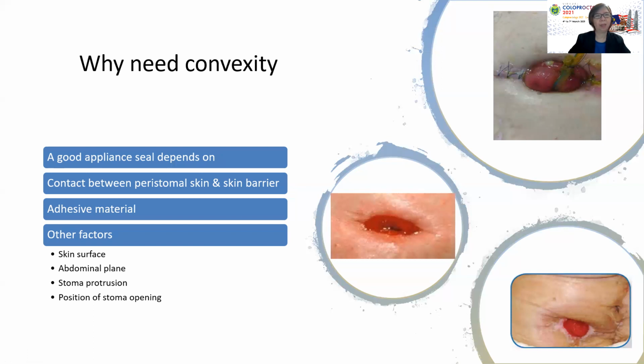If it's an ileostomy, naturally it needs to be a bit higher because the output is more watery, and the protruding stoma will allow the fluid to drain directly into the bag, whereas for a colostomy with firm stool, that is not so important, but at least they must have about half an inch above the skin level. And this patient here has a stoma that is at the same level as or below the skin level, which is more difficult to manage.